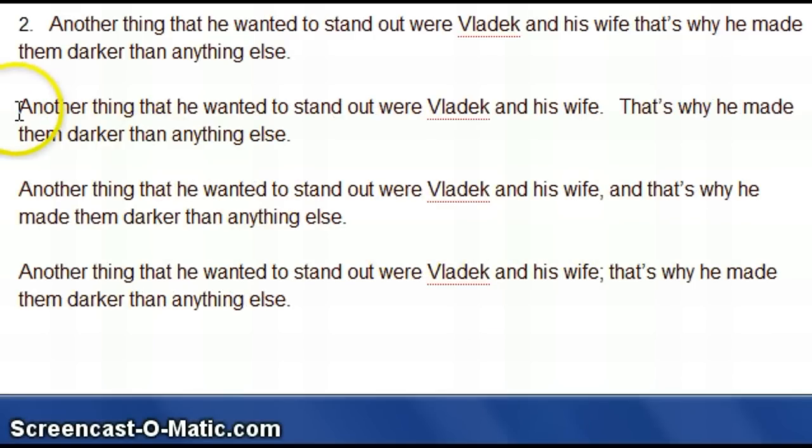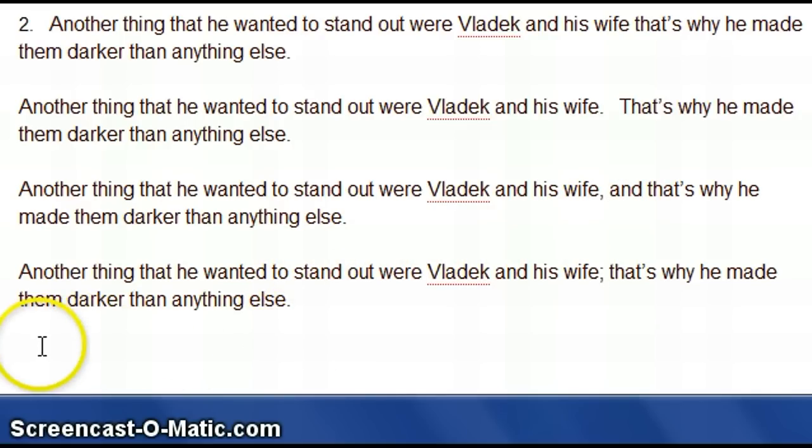And we can see I've got the different ways to fix this run-on sentence. Another thing that he wanted to stand out were Vladik and his wife, period. And then we've got the capitalization of the next sentence. Another way to do that is another thing that he wanted to stand out were Vladik and his wife, comma, and then we've got a conjunction and that's why he made them darker than anything else.